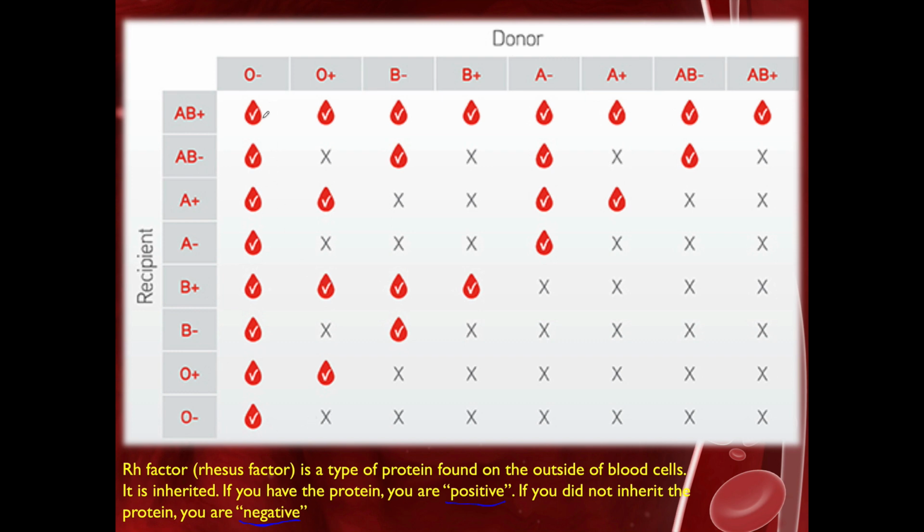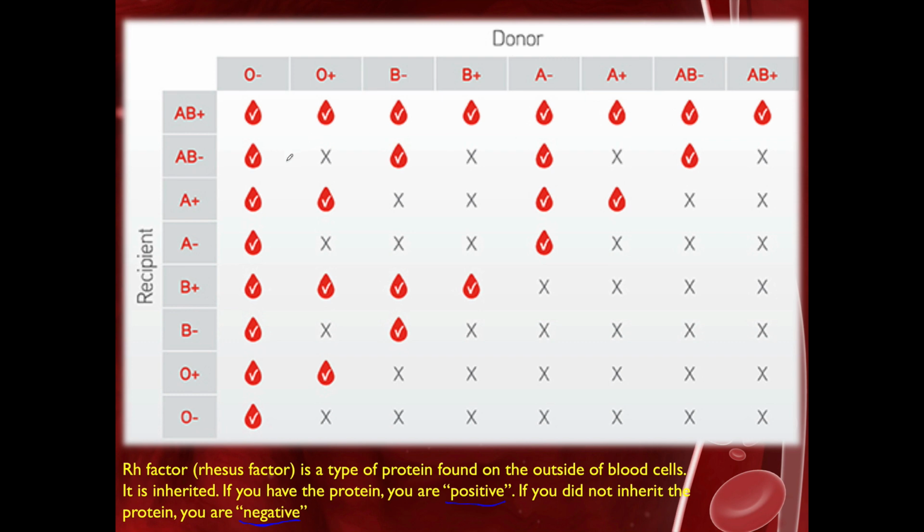Now, notice right here, if we talk about AB blood, we said that AB blood was the universal recipient. And if you notice our top line, 1, 2, 3, 4, 5, 6, 7, 8. All 8 of the blood types that we can differentiate in terms of the ABO system and now the Rh factor system are 100% receivable by an AB positive person. Now, notice with an AB negative person that 4 of those have been X'd out.